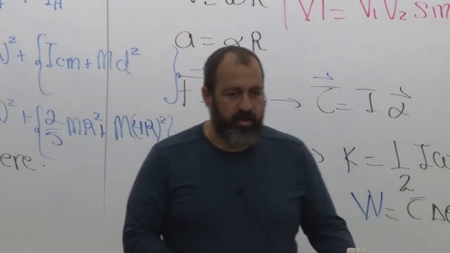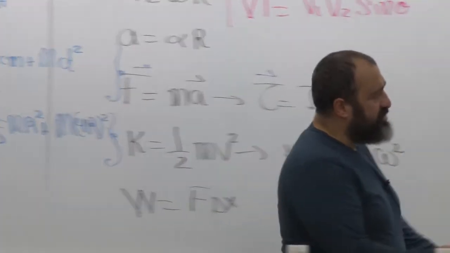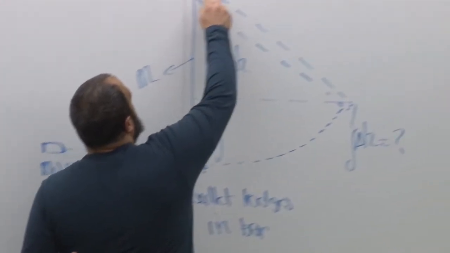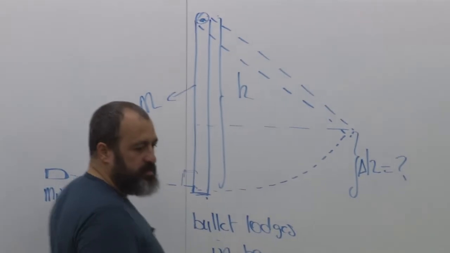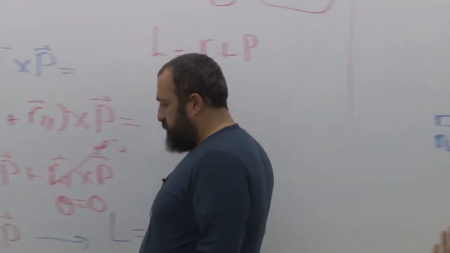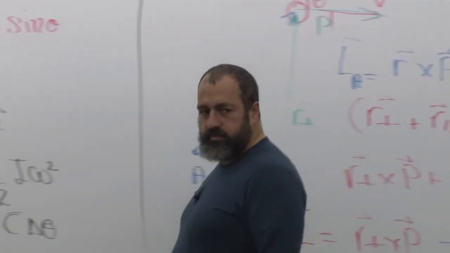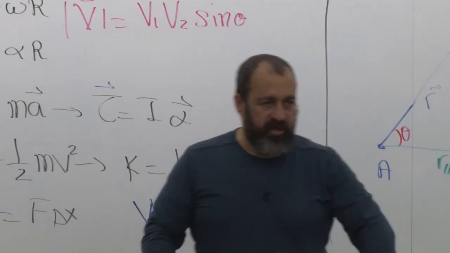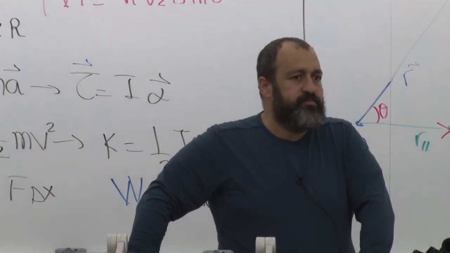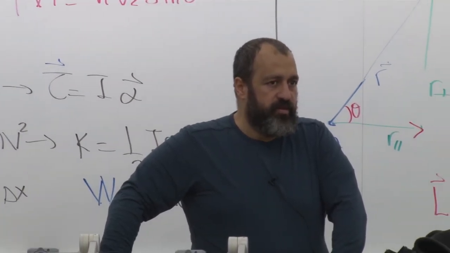Yes? Is that a fixed point at the top? Yeah, the pivot is up there. Obviously, that's where the pivot is. It sticks inside the bar, yes. Is it somehow going to be attached to the bottom of the bar?